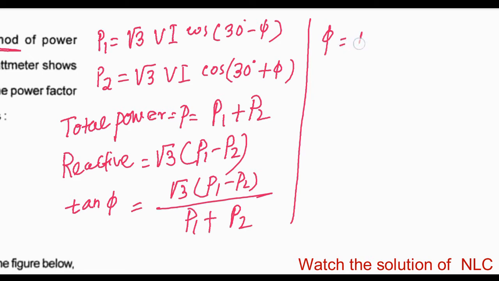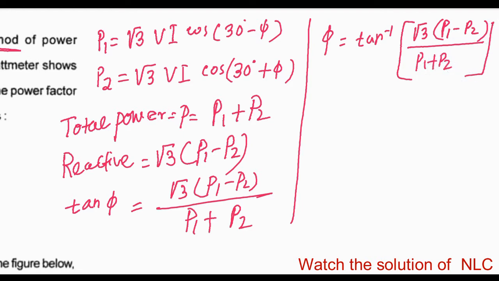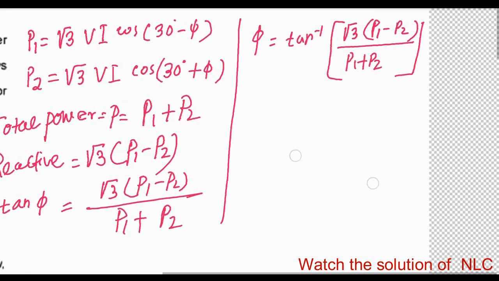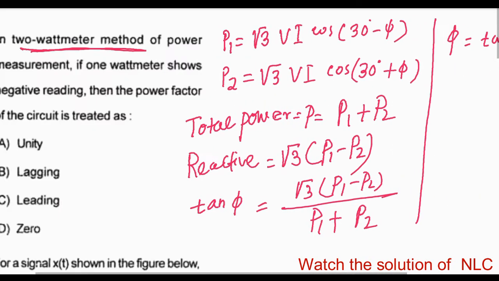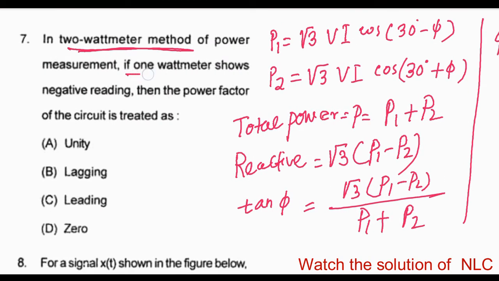Phi will be tan inverse of root 3 (P1 minus P2) by (P1 plus P2). These are all the concepts that we know about the two wattmeter method to measure wattage or power of a 3-phase load.